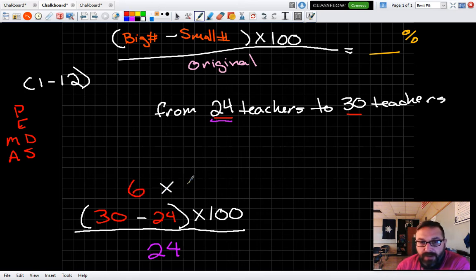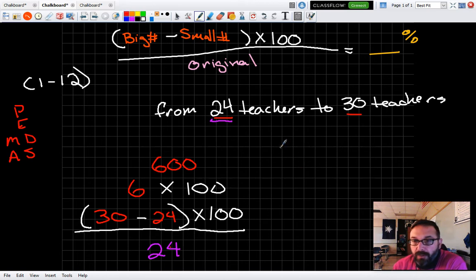And then I'm going to have my times 100. So this being on top of the division symbol really did group it together. So that is also a grouping, or considered a parentheses. 6 times 100, easy math, 600. So now I have 600 divided by 24.